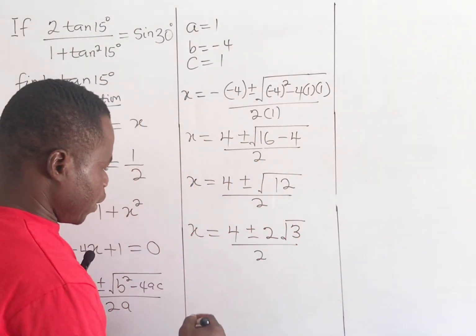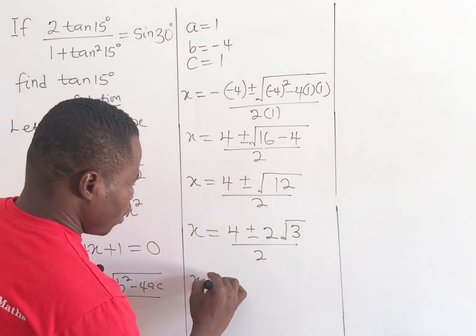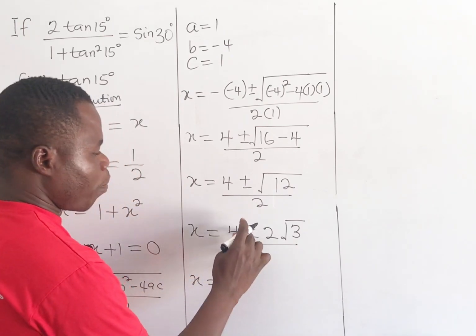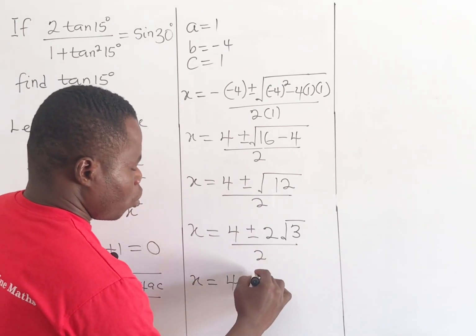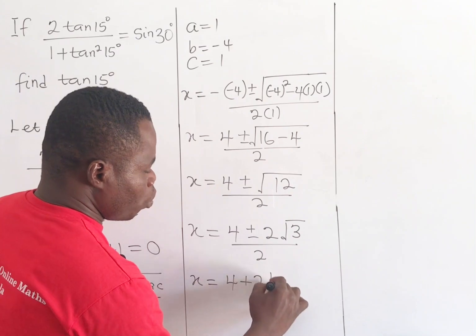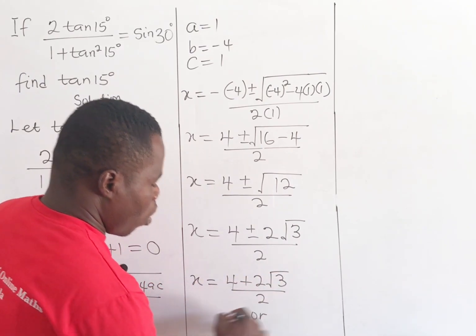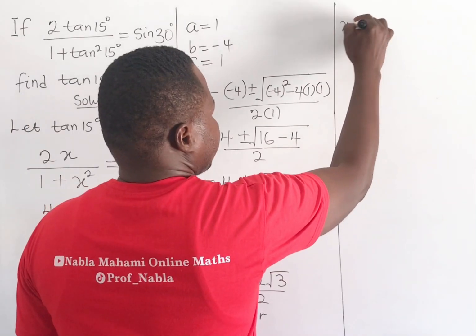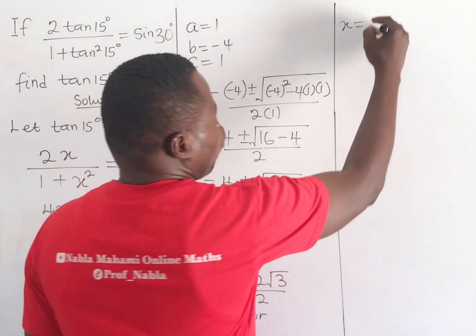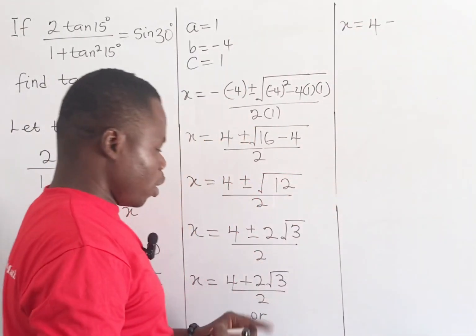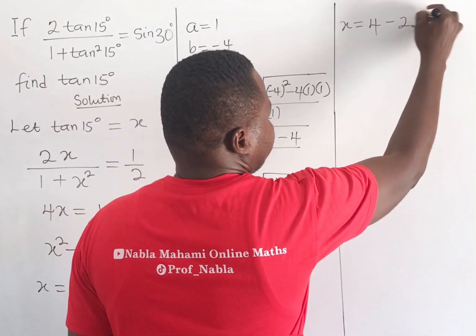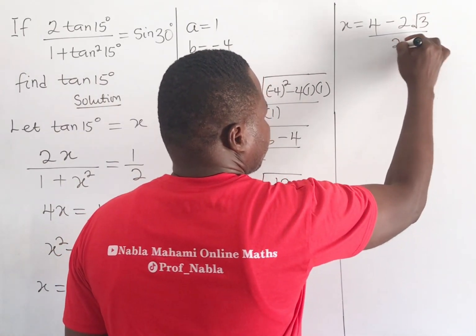I can now say that my value of x will be equal to 4, I'll take the positive part of it, 2 root 3 all over 2, or x will be equal to 4, then I'll take the negative part, 2 root 3 all over 2.